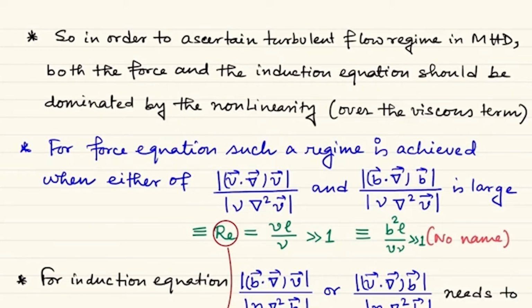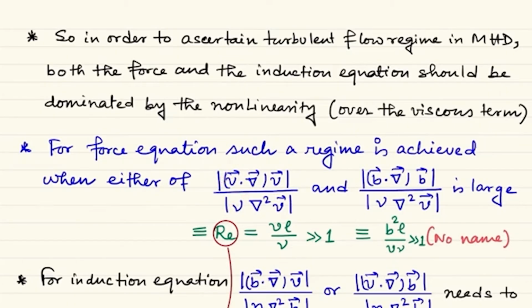Now for the force equation, such a regime is achieved by having a very large Reynolds number. The Reynolds number is the ratio of the kinetic nonlinear term to the kinetic dissipation term.